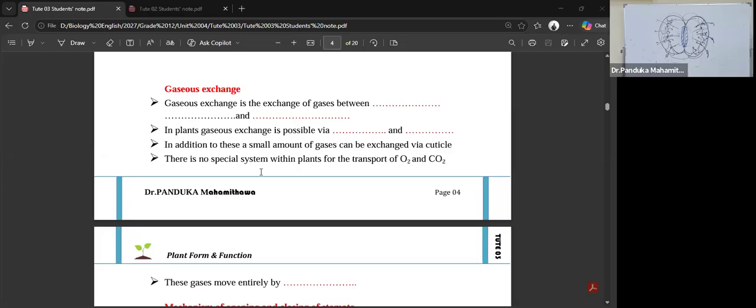There is no special system within the plants for the transport of oxygen and carbon dioxide, right? Usually there is a special vascular system to transport the water and minerals, that is xylem. There is a special system to transport the products of photosynthesis, the sucrose and the glucose, that is the phloem.